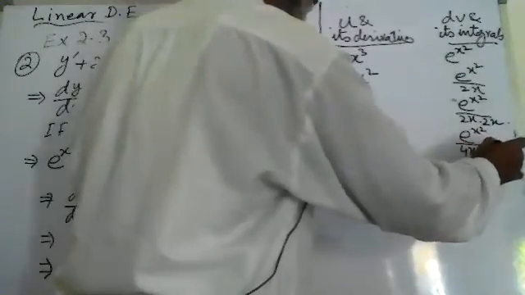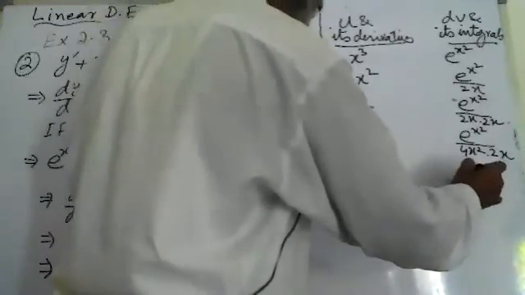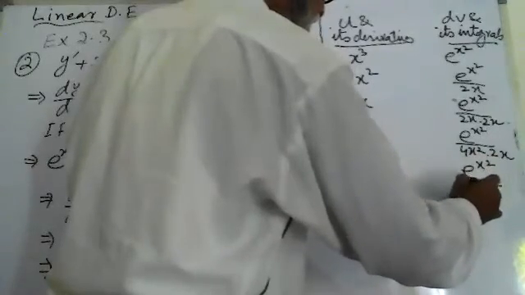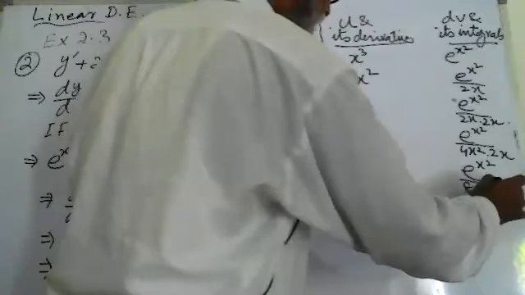And again its derivative will be 6, and its integral e raised to power x square upon 8x cube into 2x.